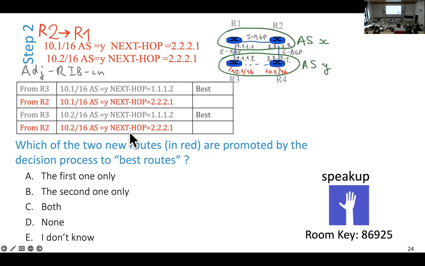The second one only means that this route becomes the best instead of that one, and both means both.